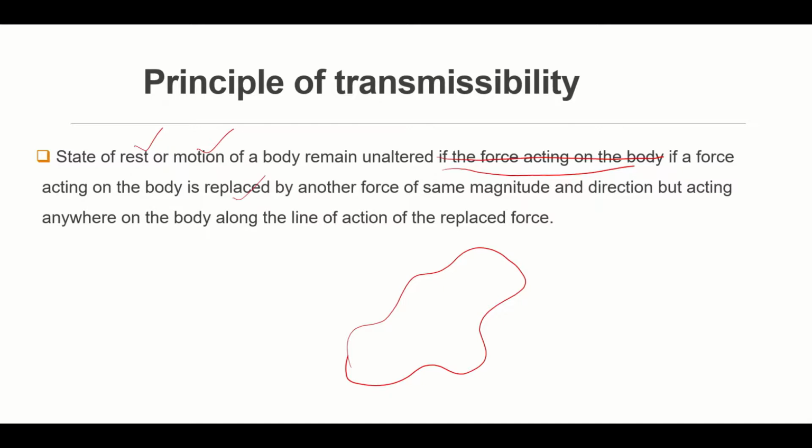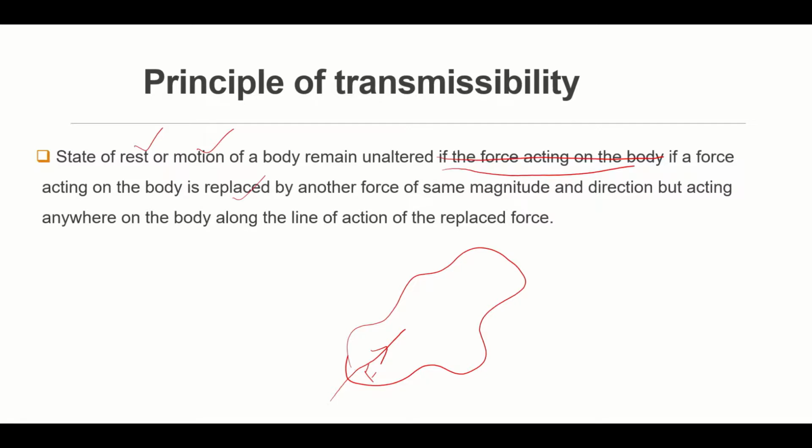And if a force acting on the body, suppose a force was acting on this particular body along this particular direction. This particular force is replaced by another force of same magnitude and direction.